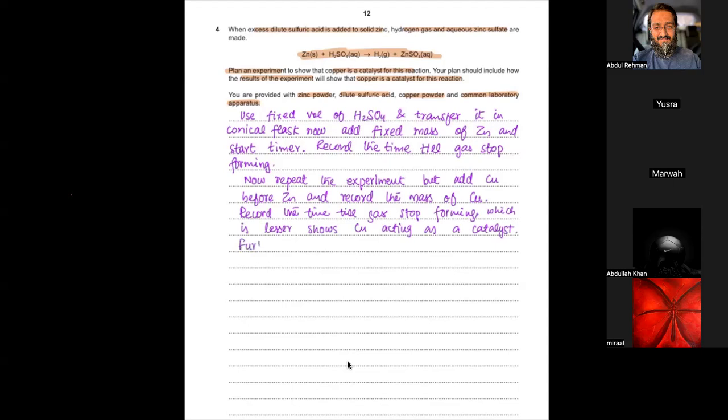Further, you can assure this. Remove copper by filtration. Record its mass again.